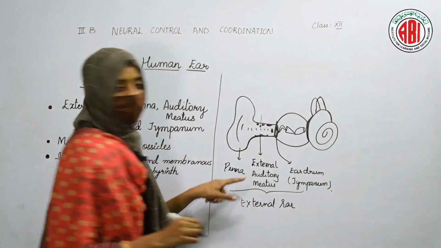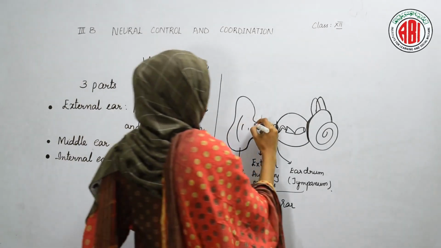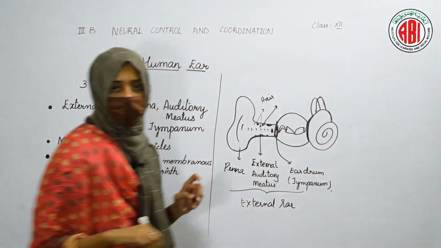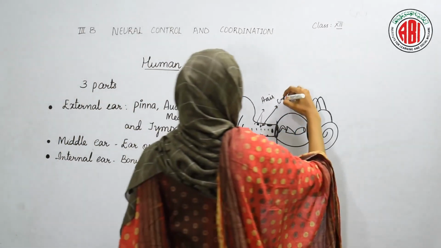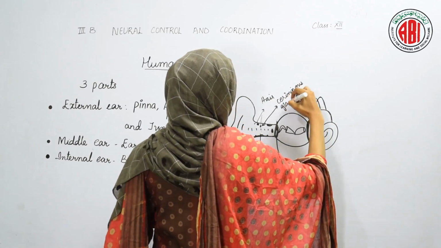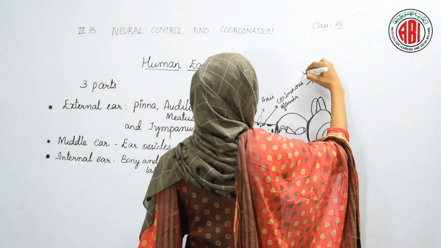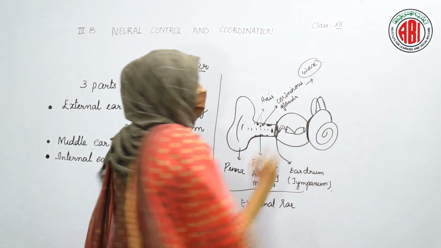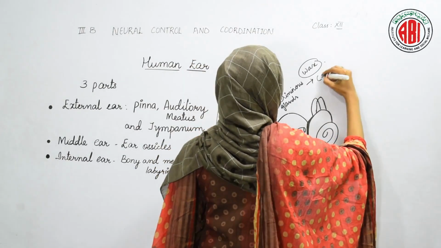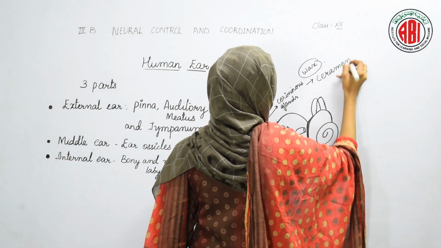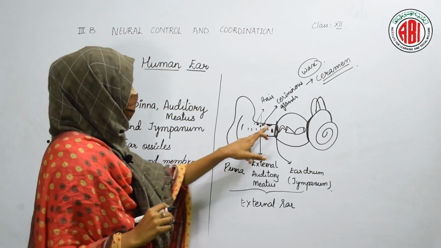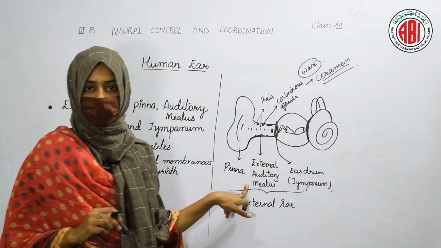In the auditory meatus, hairs are present. Along with the hairs, some glands are found, and we call those glands ceruminous glands. Ceruminous glands secrete a wax-like substance into the external ear, and we call that wax cerumen. So cerumen is a wax produced by the glands present in the external auditory meatus.